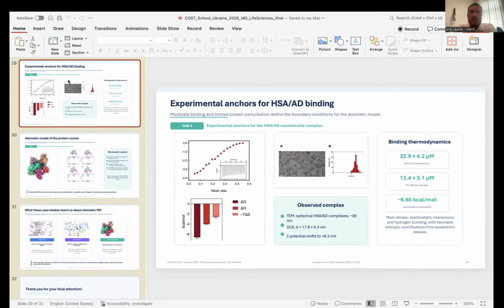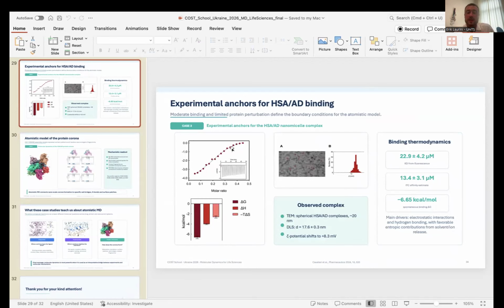Let's say we use proxy evidence, because we don't have direct information about the real number of HSA molecules binding the nanovector, but we use a combination of different techniques in order to obtain a reliable and robust number for describing this kind of complex.